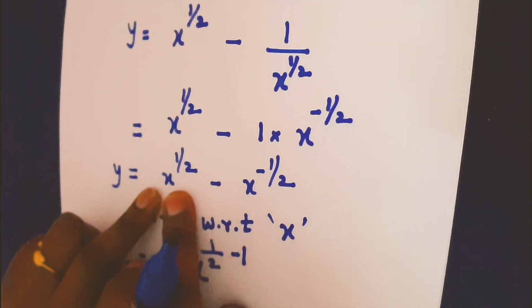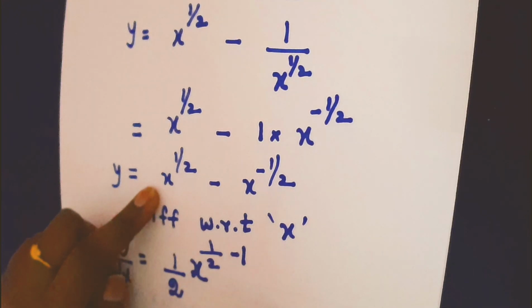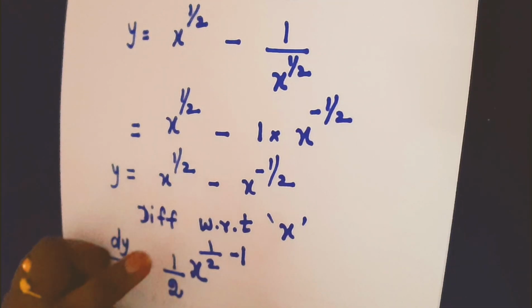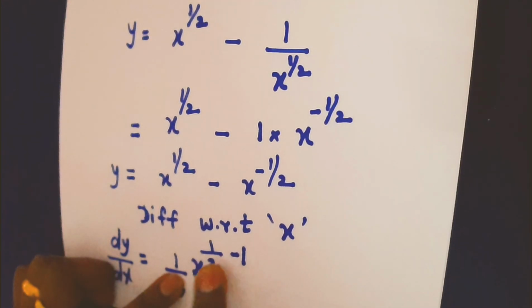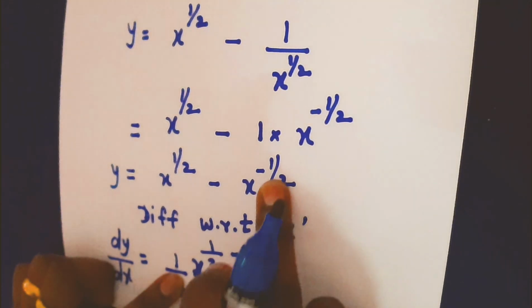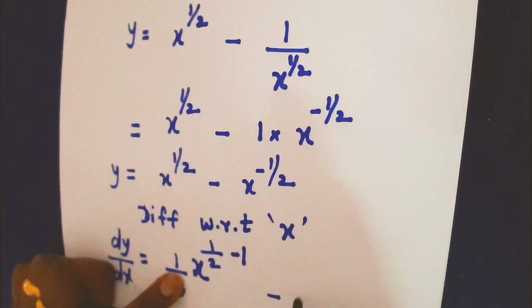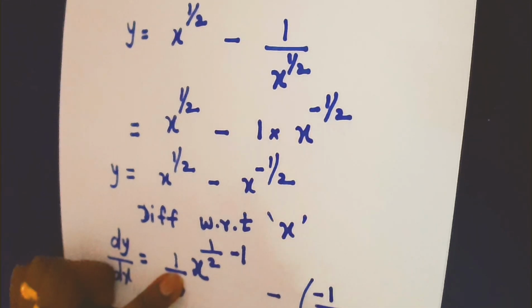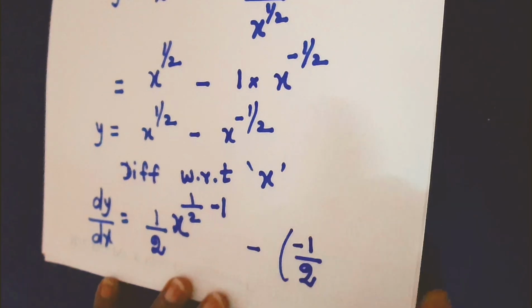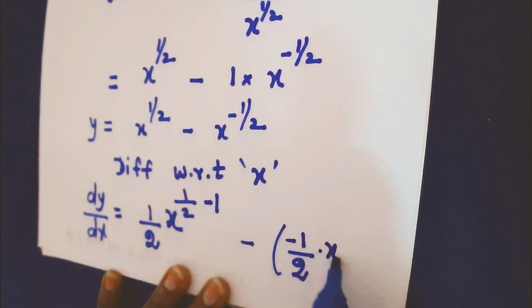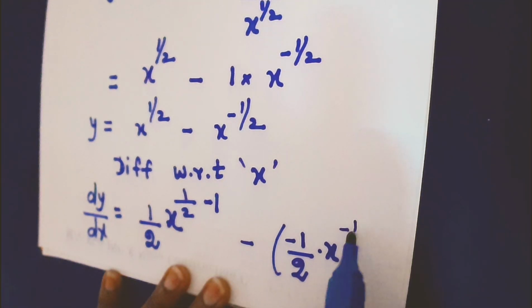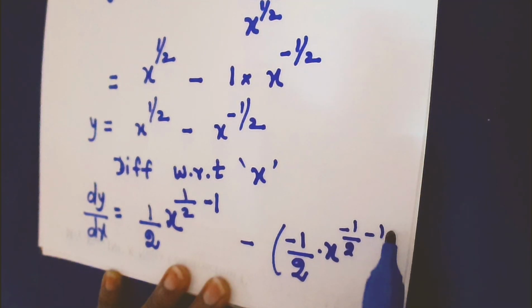We differentiate the first term, x to the power half: n is half, so half times x to the power half minus 1. Next, minus, again we differentiate the second term: n is minus half, so n times x to the power n minus 1.